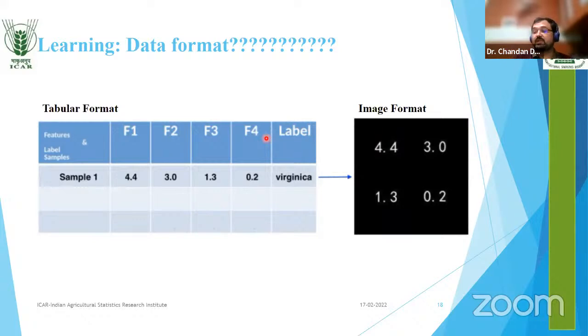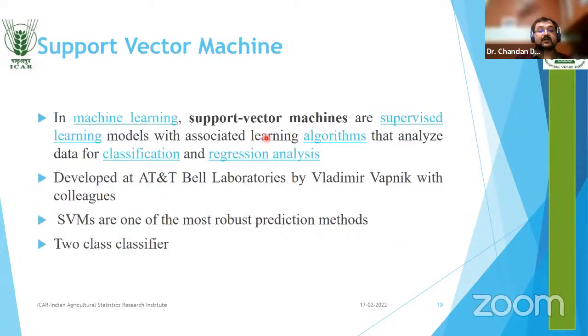Now we will see the support vector machine. The support vector machine came into the academic world in 1995. It was developed by Vladimir Vapnik, and initially it was used only as a two-class classifier.